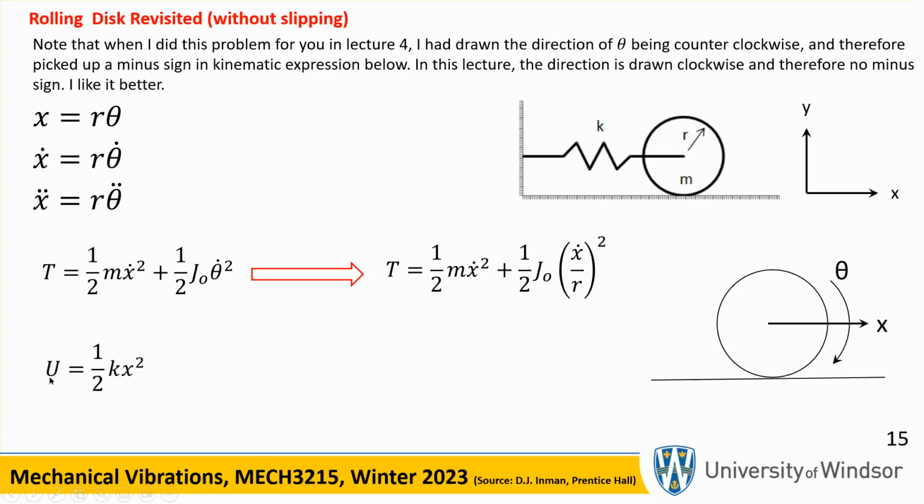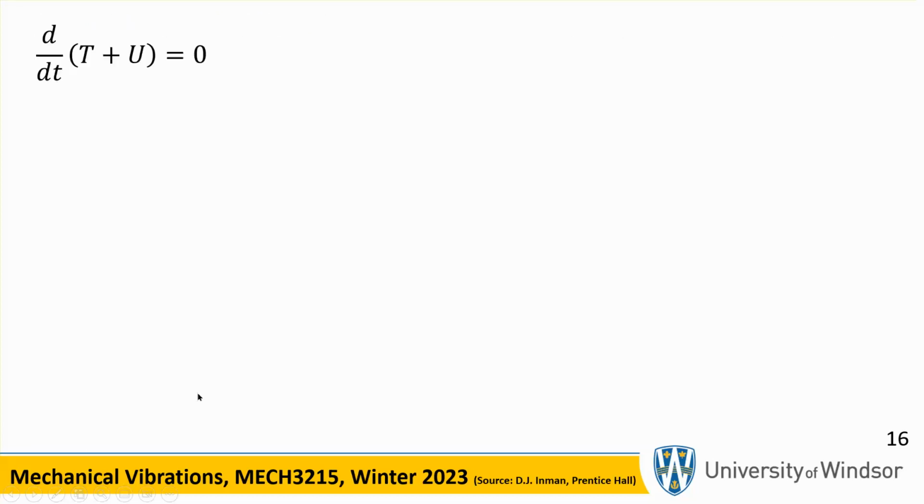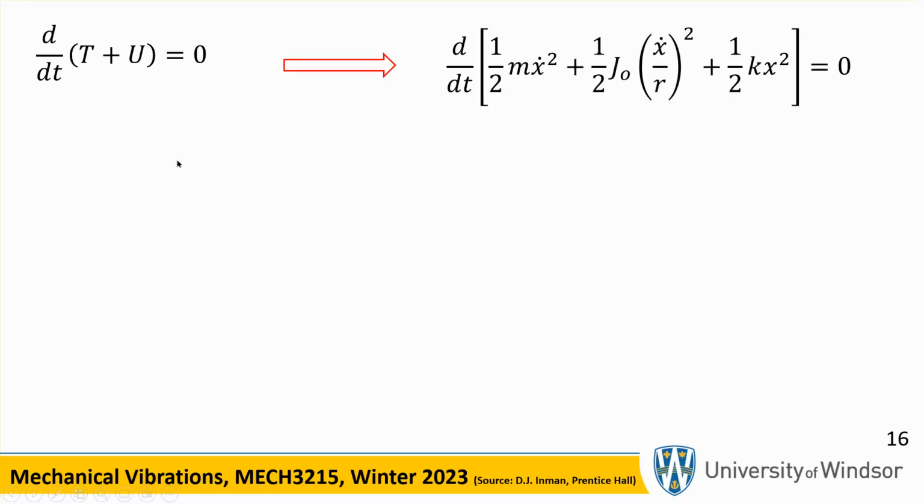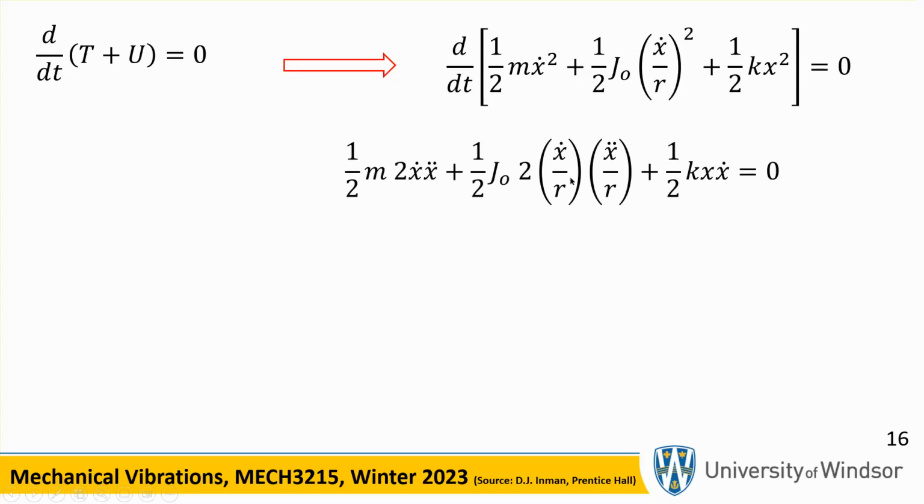And the potential energy is only the one that's stored in the spring, and if it moves to the right by the amount x, the potential energy stored in the spring is 1/2 kx squared. So the sum of it is constant, therefore if you differentiate the sum, you get 0. So just plug these things in, the T plus U from the previous page, and now we're going to differentiate it.